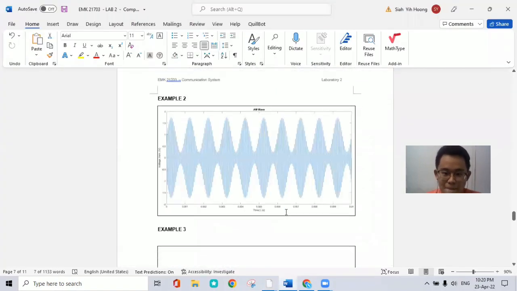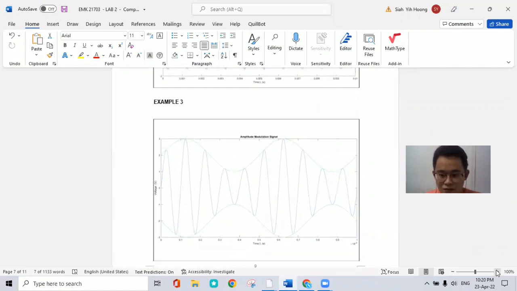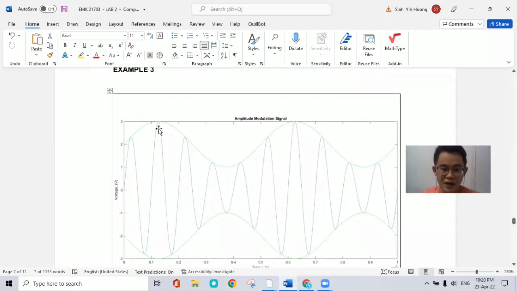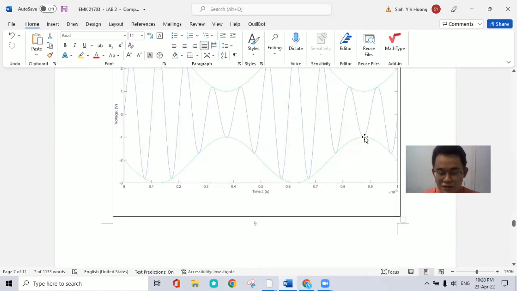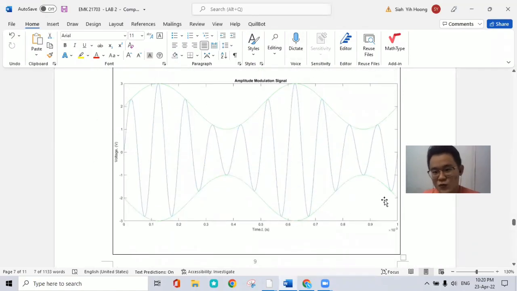Okay, right here. This is the upper envelope, and this is the lower envelope. So this graph is called an envelope because the graph is inside the upper envelope and the lower envelope.